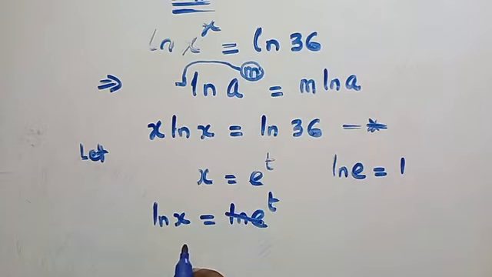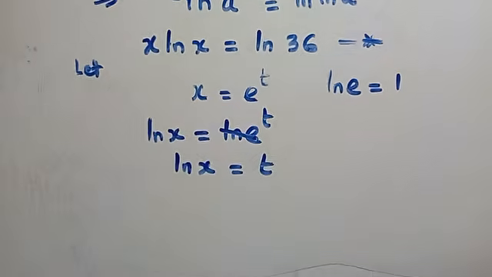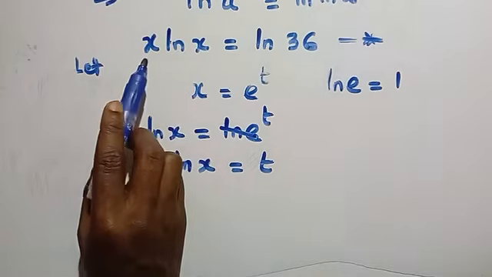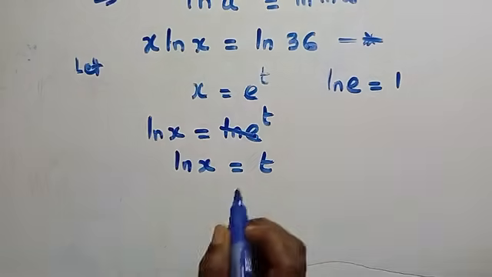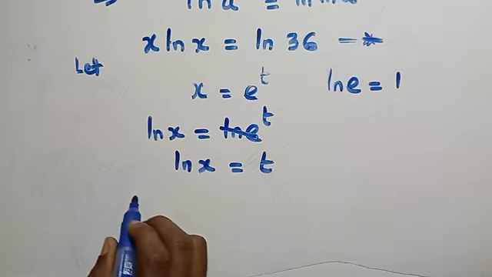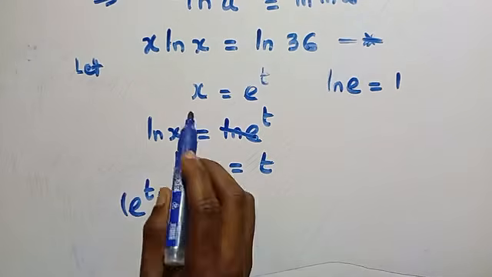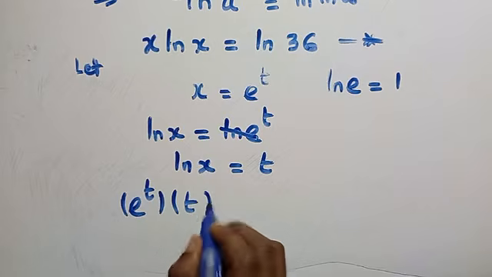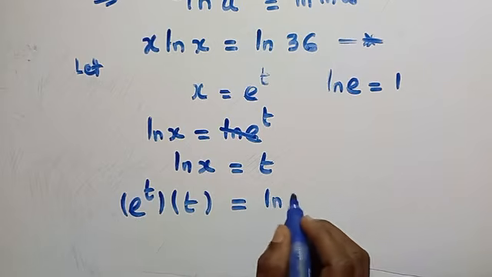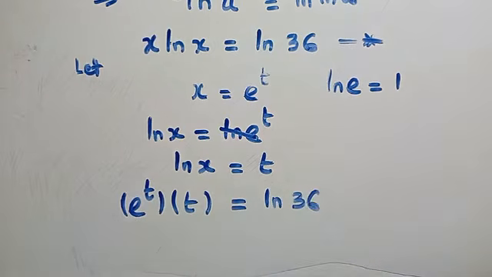When this cancels, we have ln x equals t. By now considering x ln x, we are going to have our x to be exponential of t in bracket, then multiplied by ln x, which is t, equals ln 36.